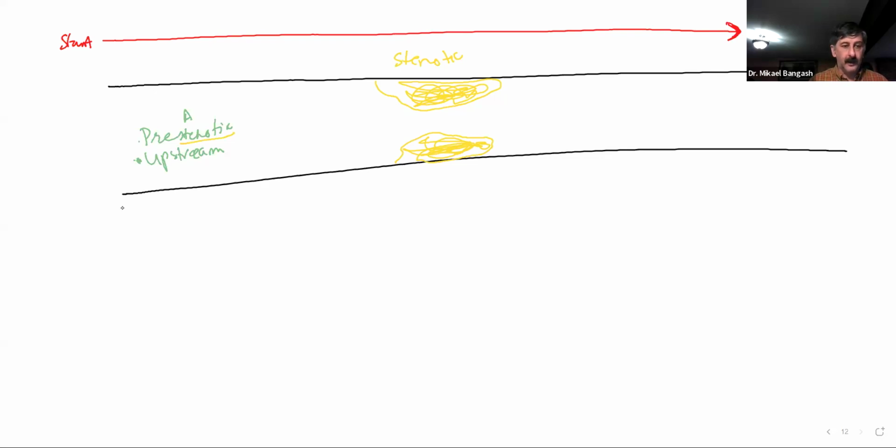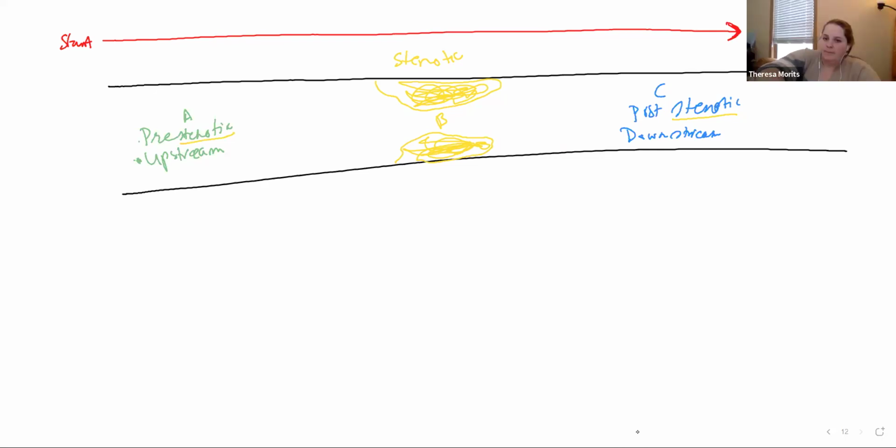This would be B. And C is going to be post-stenotic, because it comes after the stenosis, or as it also may be referred to, downstream. Did you guys get that?